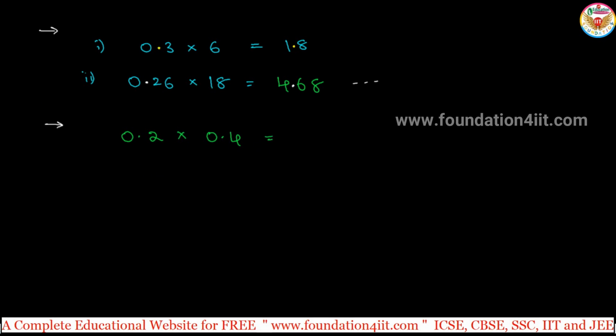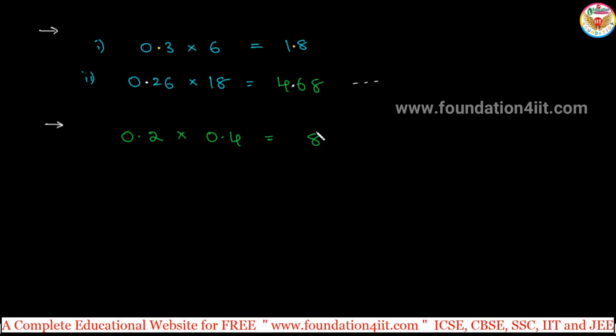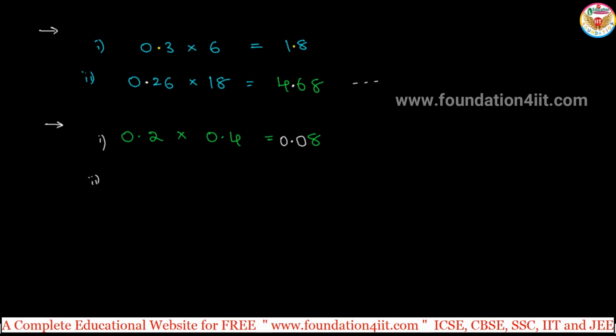Without considering the point, it's 2 and 4. 2 fours are 8. Now you keep the decimal places. Here is 1 decimal place, and 1, total 2. So 2 decimal places from the right side. Only 8 is there, so put one more 0 and keep the point: 0.08.